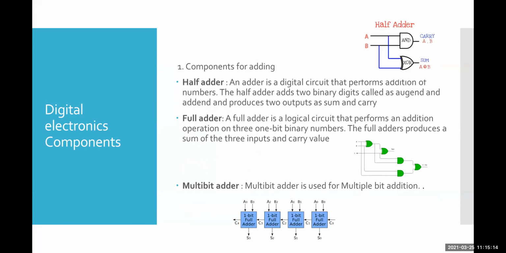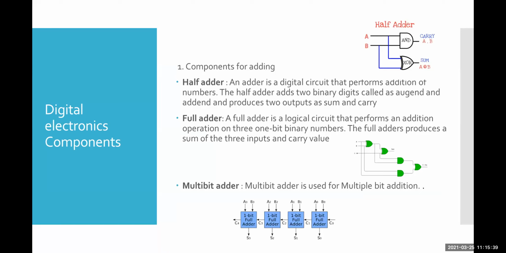Suppose I speak about the components of adding. In the third or fourth chapter, you are studying adders and subtractors. These are all components for adding. There is the half adder, then the full adder, the multi-bit adder, and then the multi-bit subtractor. That is called the components of adding. I think you are familiar with logic gates.